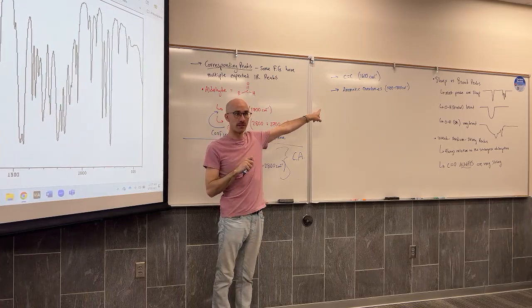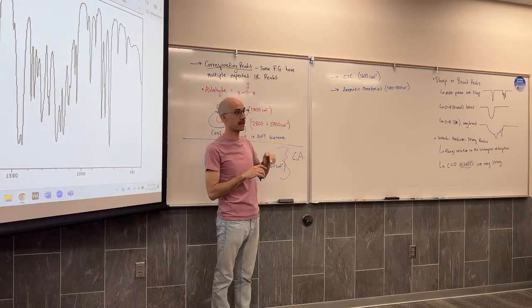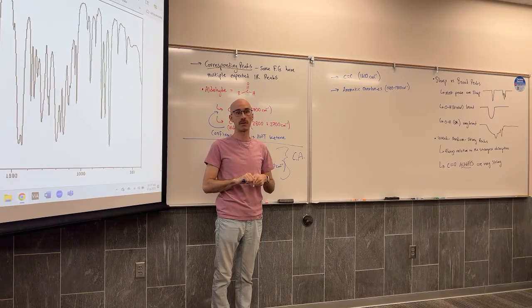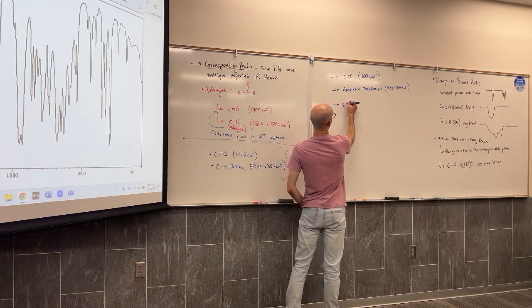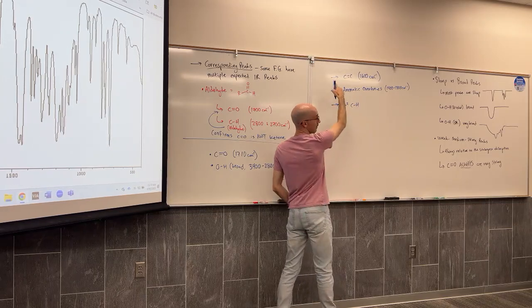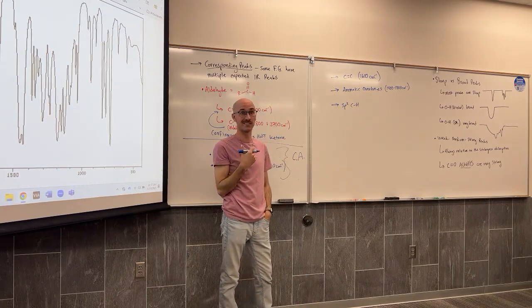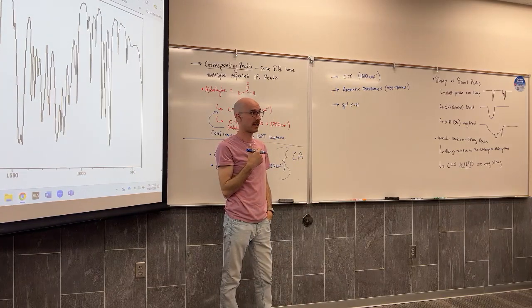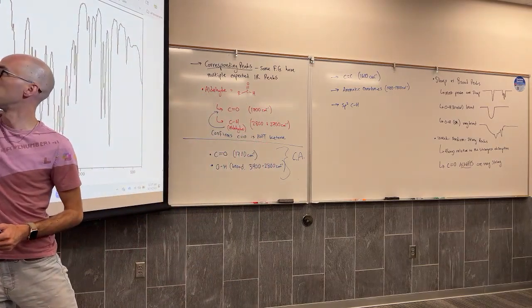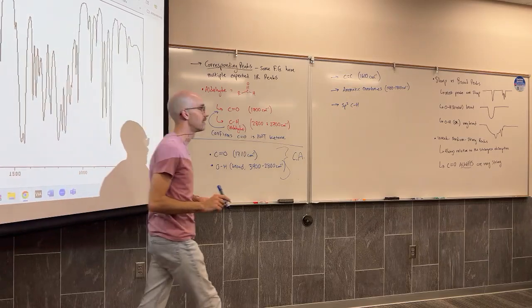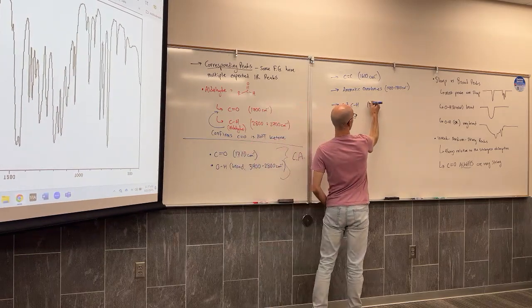But there is another bond type that corresponds to being an aromatic ring. What other bond type? The sp2 CH bond. Do we have that? Because then some of these might need to get canceled. Do we have that there? Yeah, right on that. Here's 3000. Just to the left of that, I've got sp2 CH.